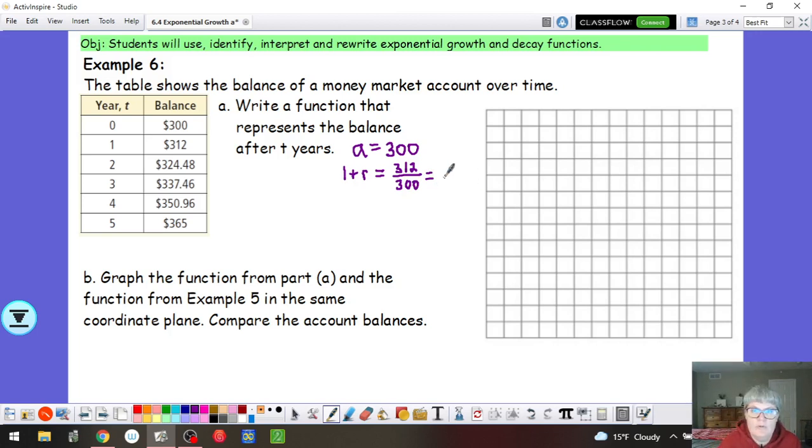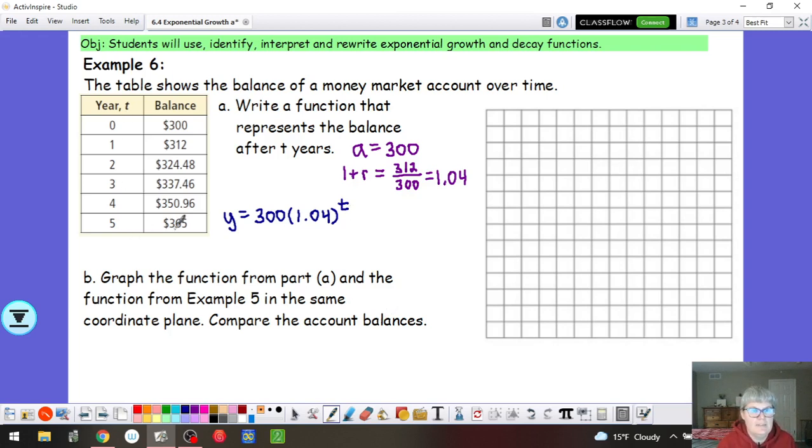I'm going to end up with 1.04 is the 1 plus r that will go in my equation, and then t for years. So we have y equals 300 times 1.04 to the t power.